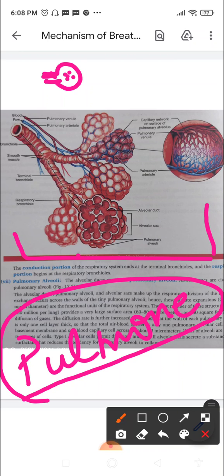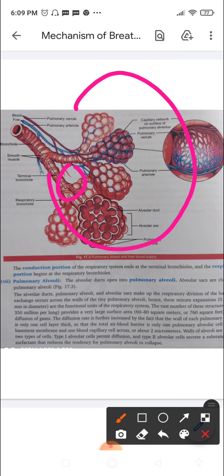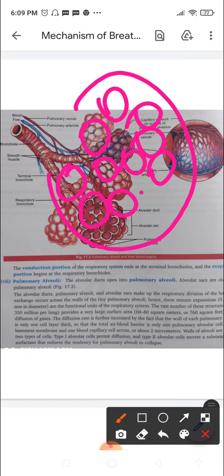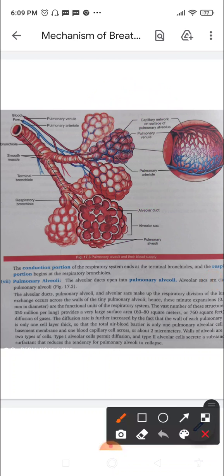Alveolar sacs. If you look at this structure here, this whole bunch is known as the alveolar sac. Alveolar sacs are clusters of pulmonary alveoli. If this is one alveolar sac, inside this there are many alveoli present.